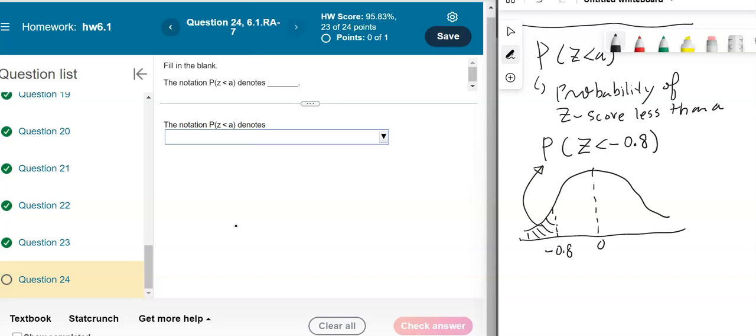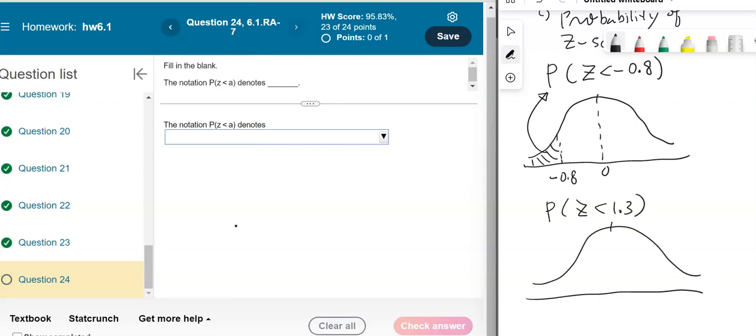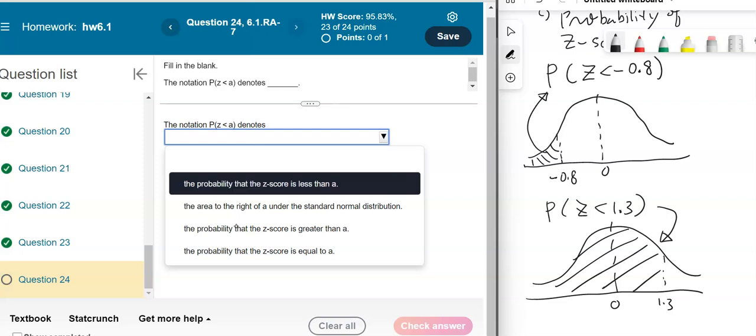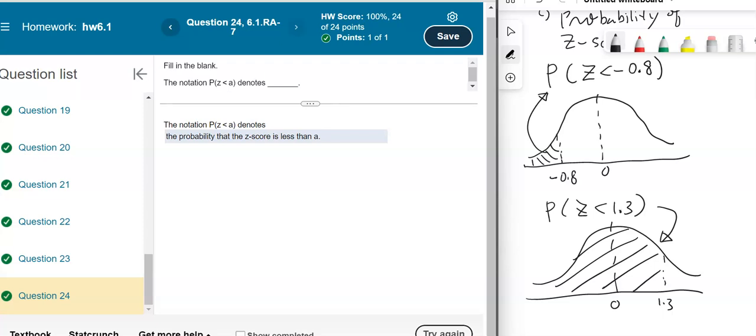This is the area, okay? If I have P(Z) less than 1.3, then this is positive, this is 0, this is 1.3, so the entire area is this, okay? So this denotes the probability of Z-score less than 8. Well, the first one, what else? Okay, and I think it is the end of it.